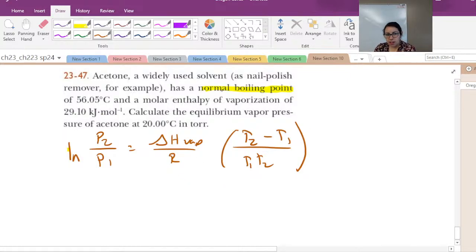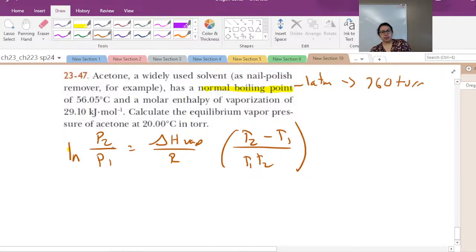Why did I highlight normal boiling point? What was the definition of normal boiling point? 1 atmosphere. That was the key. So we're at 1 atm, aka 760 torr.